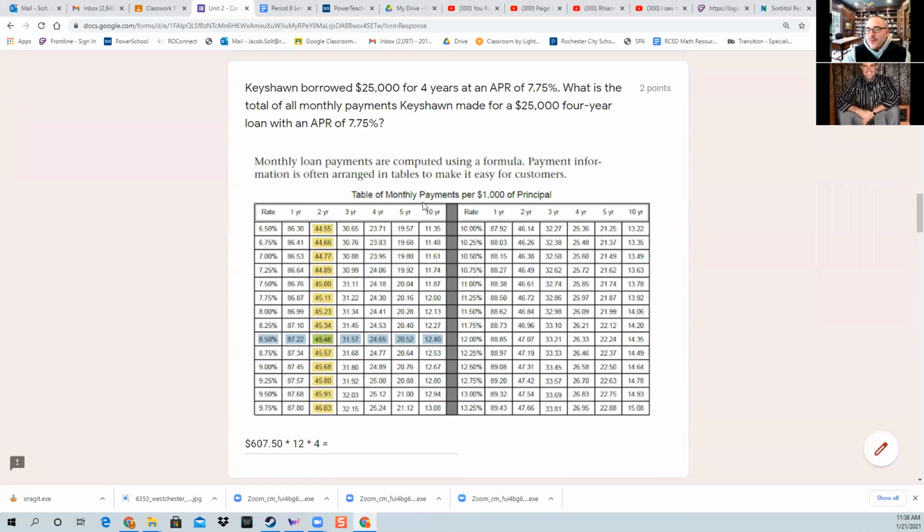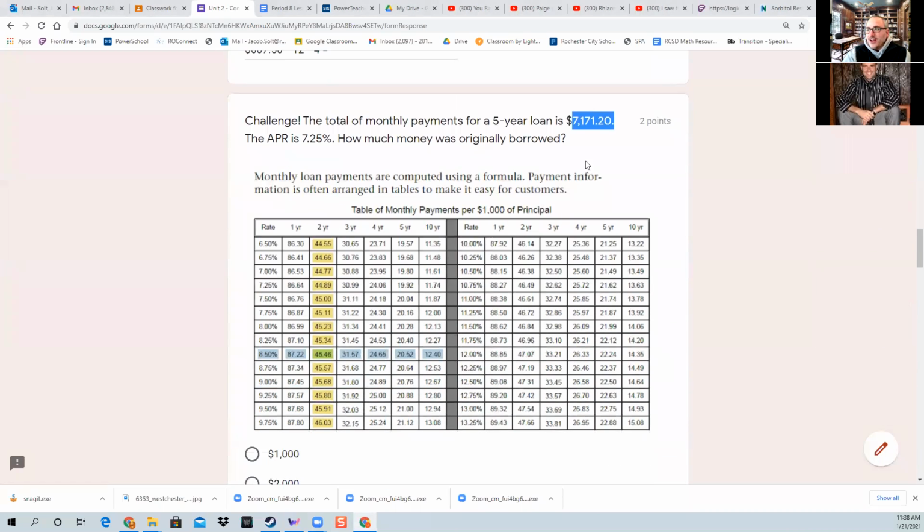We found how much he paid total by finding his monthly payment, and then we multiplied the monthly payment by how many months he paid. So here we're going to undo some of that. We know that it's a 5-year loan, and we know that the total paid was $7,171.20.